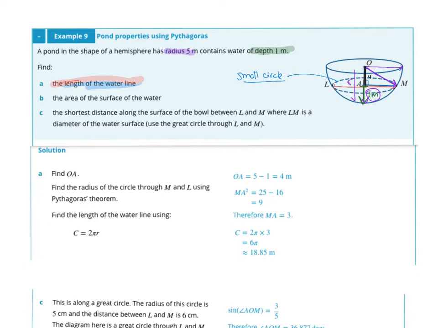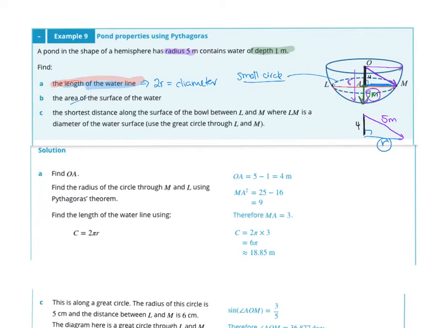Can you see if I drag that triangle out, I've got here, that's the 4, and here out to the edge of the bowl is the big radius, so 5 meters, and this line here is the radius of the small circle. So if you have to find the length of the water line, it's going to be the radius, or it equals the diameter. So we could use Pythagoras and find that, and this is what they've done right here.